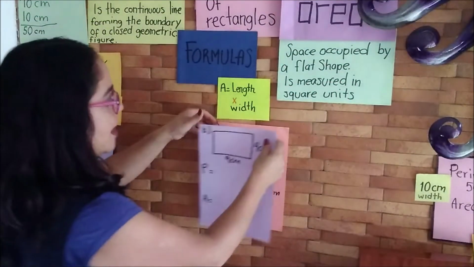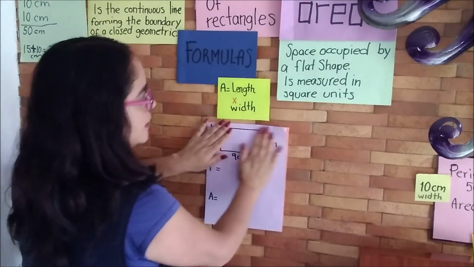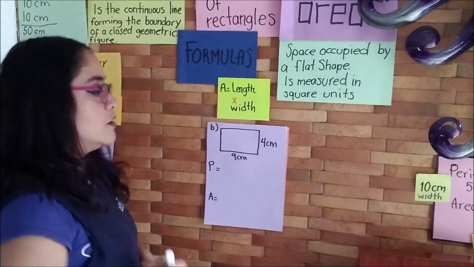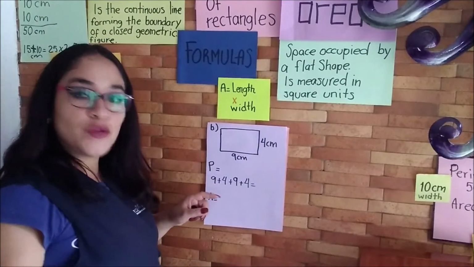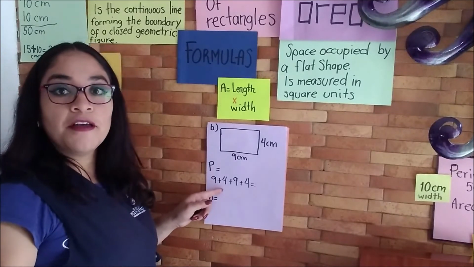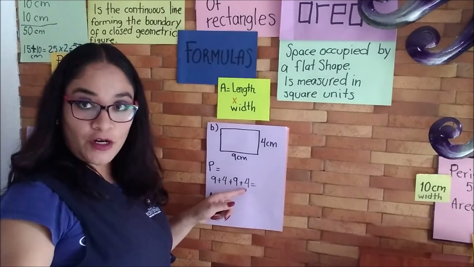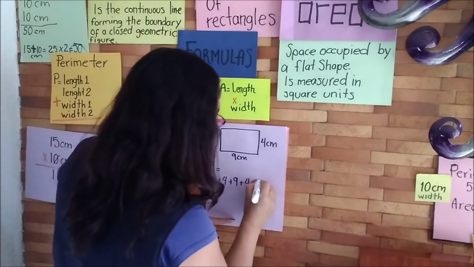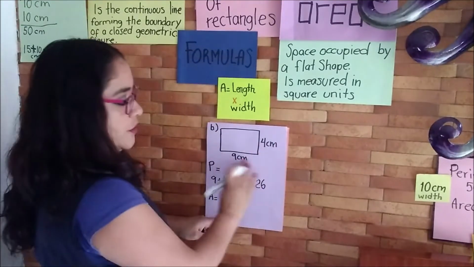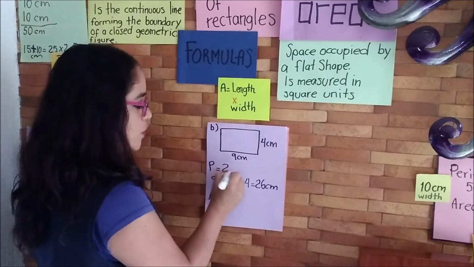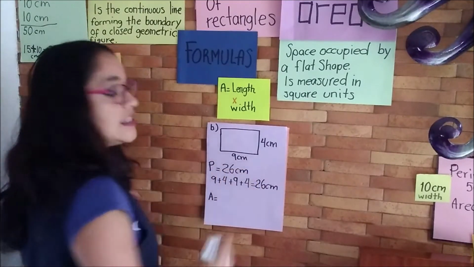Our measurements are 9 centimeters length and 4 centimeters width. So we're going to add 9 plus 4, 13, plus 9, 22, plus 4, 26. Our units, centimeters. My perimeter is 26 centimeters.